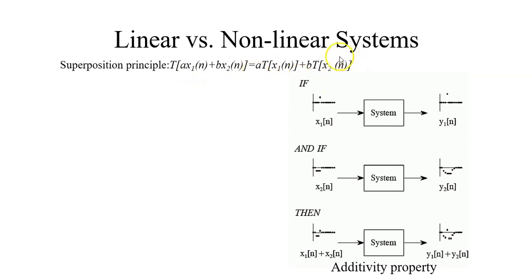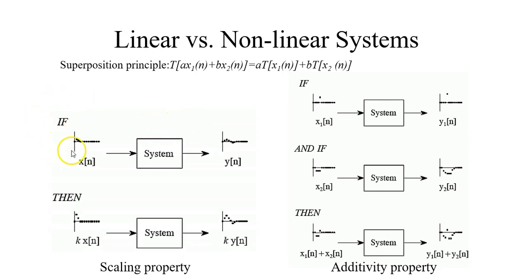So we can distribute this transformation over every input separately, which means if I have this transformation or a system to transform two inputs, to sum the inputs and after that make the transformation, it is the same as making the transformation for every input separately, and after that we can sum them.